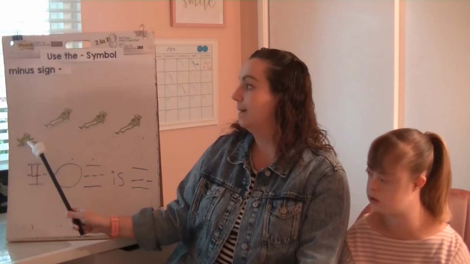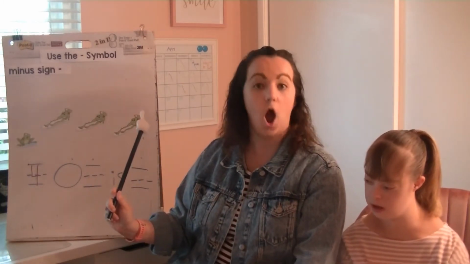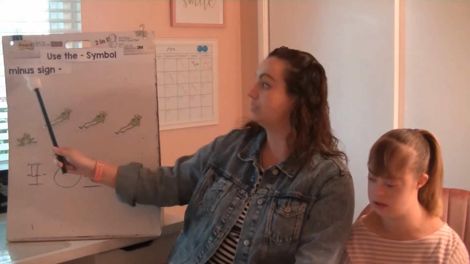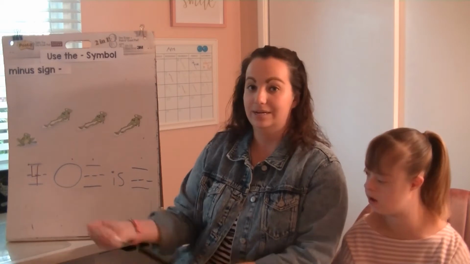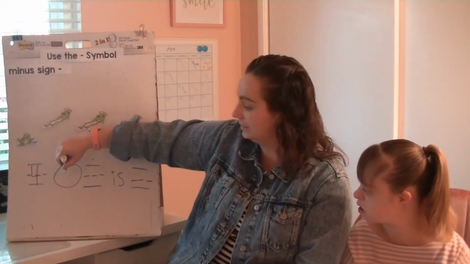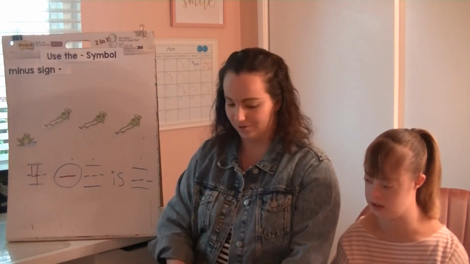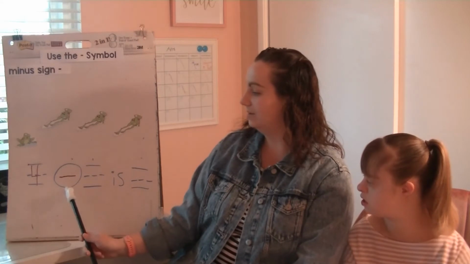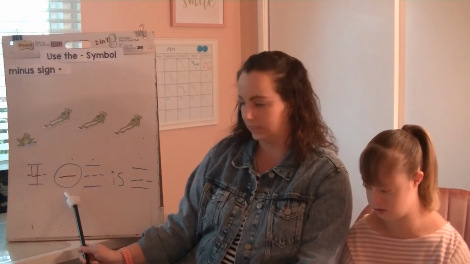Or are they being taken away or going away? Away. So we're now going to use the minus sign. We get to take our pencil or writing tool and write the minus sign, just a line across. There's the minus sign. We now have 4 minus or take away.